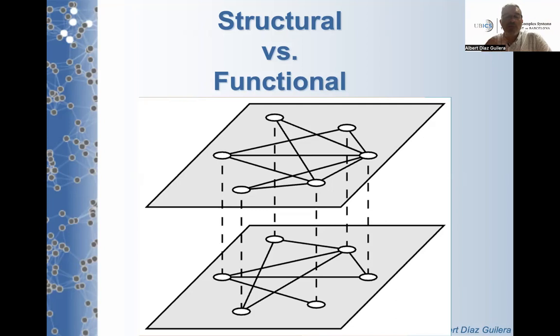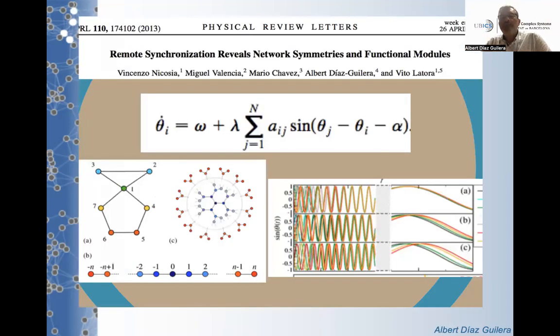giving rise to some sort of local partial synchronization. In order to analyze this behavior, we introduced some time ago a model which is very similar to the well-known Kuramoto model, which most of you probably already know.